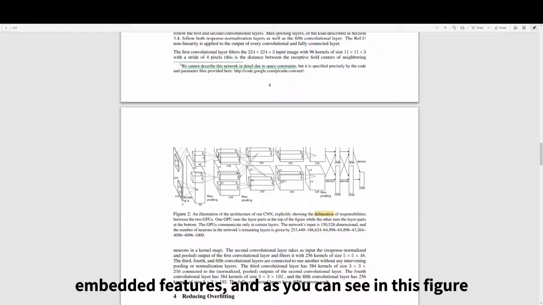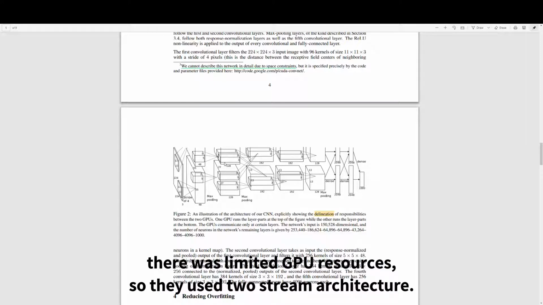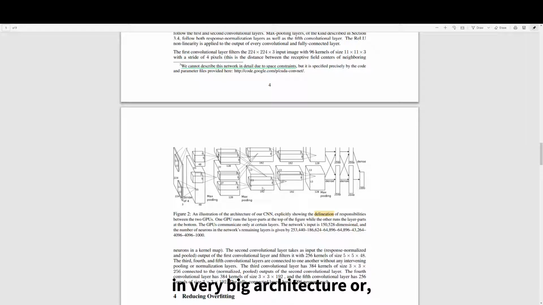As you can see in this figure, there are 2 parallel streams of the network. This is used because at the time there were limited GPU resources, so they used the 2-stream architecture. It is rarely used these days, but it can still be used in very big architectures or if there are many parameters to train.